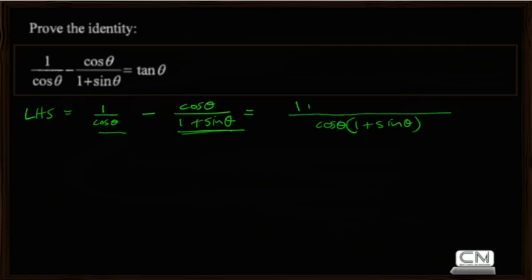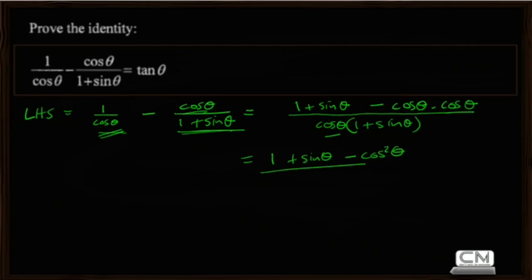So that's just going to be 1 plus sine of theta minus, well, the original numerator over there is cosine of theta, but we have to account for the new denominator, so we'll just multiply that by that as well, which is cosine of theta, and see where that takes us. Well, we'll have here 1 plus sine theta minus cosine square of theta. We'll just leave the denominator alone. It's not bothering us, not in any way, shape or form.